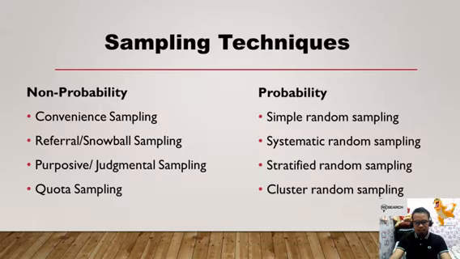Otherwise, non-probability sampling gives us the idea that not all the population will be given equal chance to participate in your study. So that's the major difference between probability and non-probability sampling. I hope you could still recall our lessons in sampling.